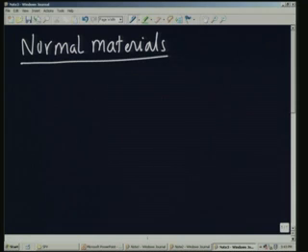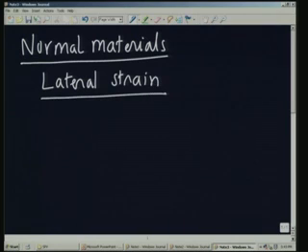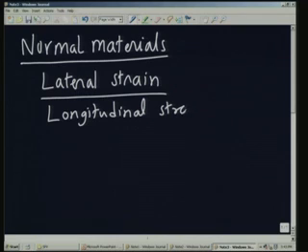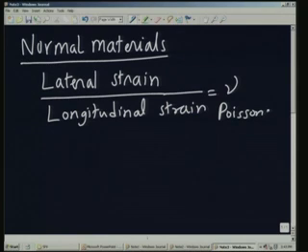So, if I have a strain in the longitudinal direction, I look at the lateral strain divided by the longitudinal strain. So, I am looking at two different strains. This ratio we call the Poisson ratio. Poisson's ratio.